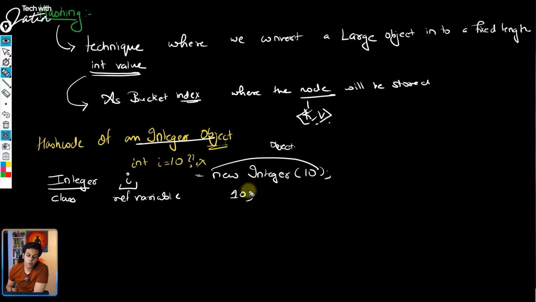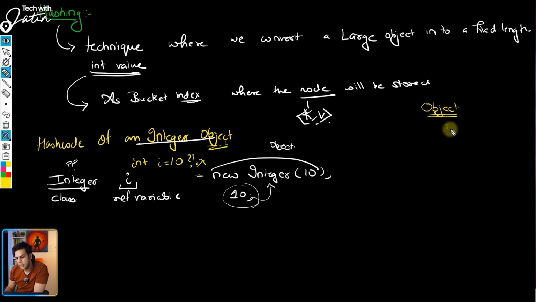Over here I can directly autobox also. If I put 10, Java will still consider it an Integer object. Now, if I ask you, who is the ultimate parent of the Integer class? Can you answer it? Do you know? You should know. The parent of all the classes in Java is Object.